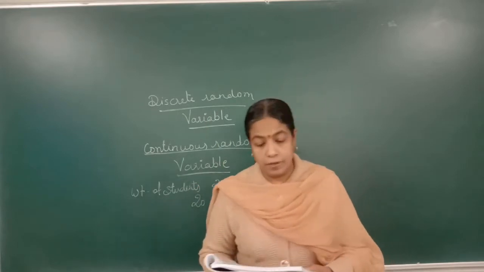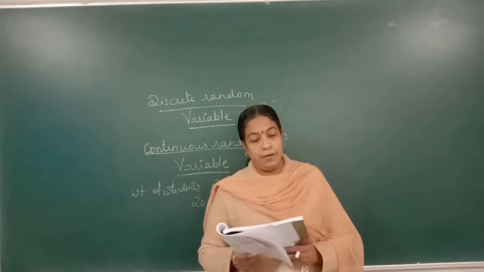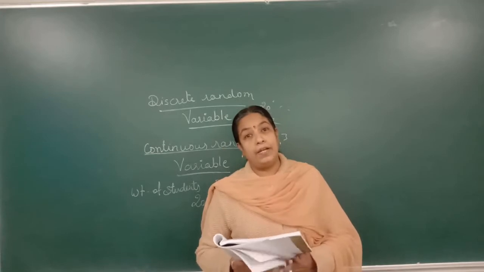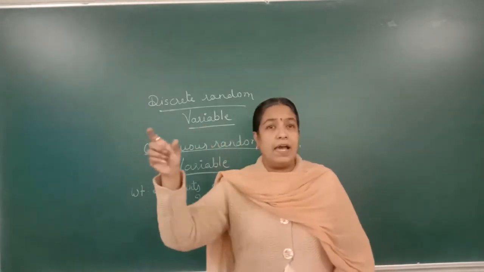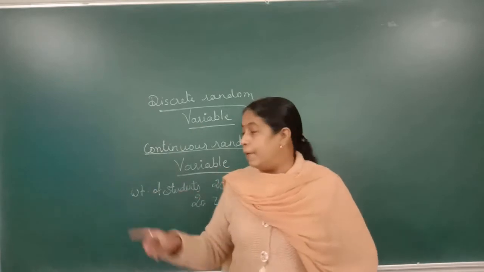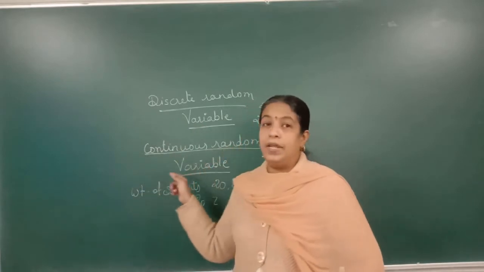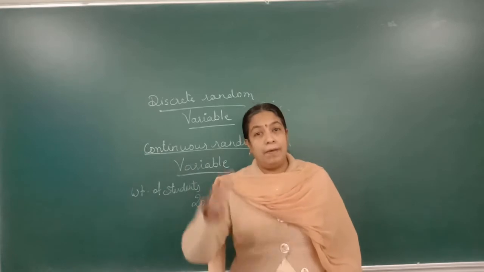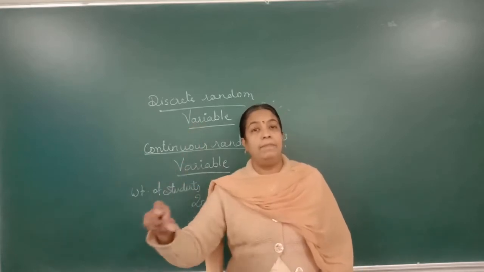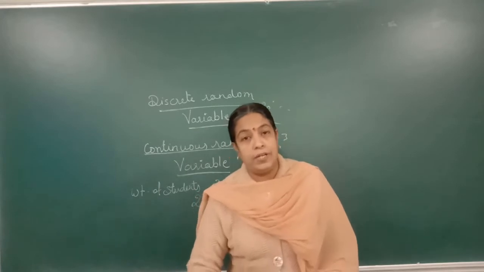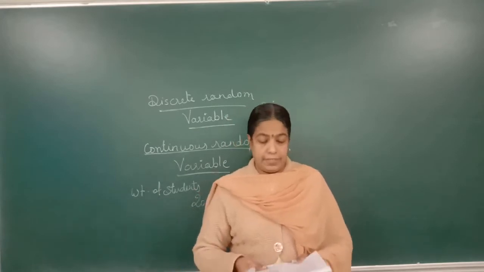The value of a continuous random variable is obtained by measurement. Earlier, the discrete random variable we studied, its values we can count, but here for a continuous random variable, we have to find its values by measuring. We have to measure the height of that particular tree. We have to measure the weight of the students, etc. Okay.